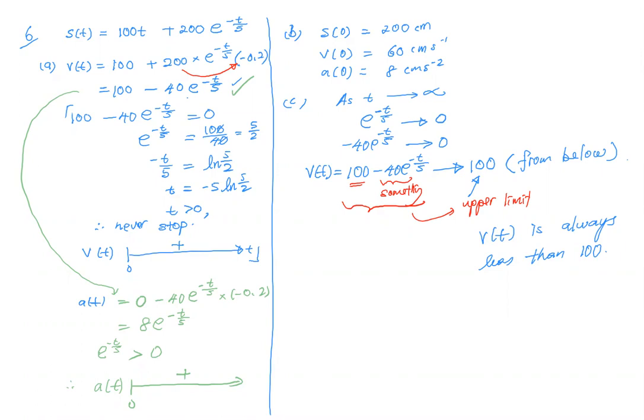Okay, can we go to part D? Sketch the graph of the velocity function. Can you please sketch the graph? Initial velocity starts from 60. It always goes up. Upper limit is 100.